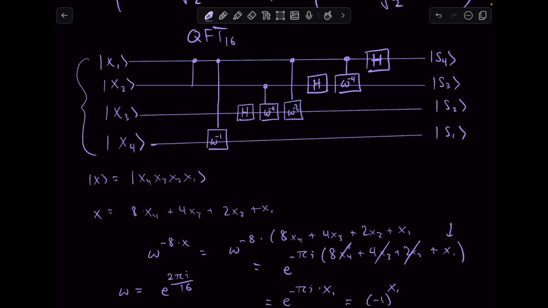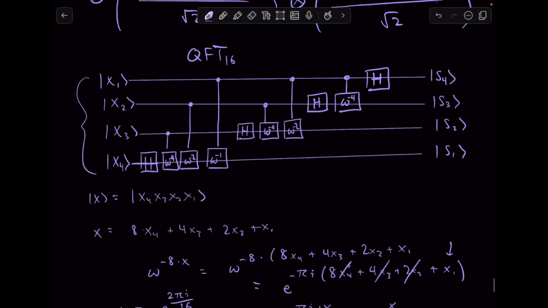The next gate is going to be controlled by the second qubit, which is going to be this omega to the minus 2. And then this final 2-qubit gate is going to be omega to the minus 4. I'm running out of space here, so let me give myself some more space. And then the last thing here is just a Hadamard. So this is what the circuit looks like.